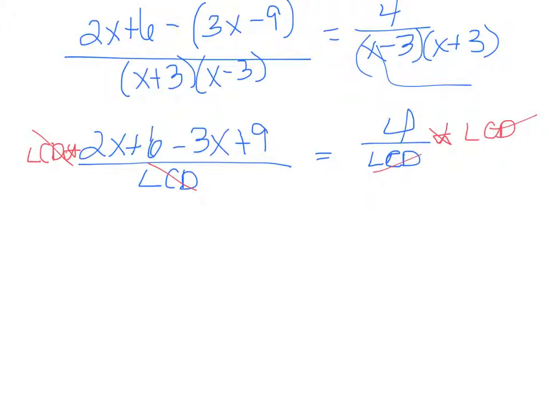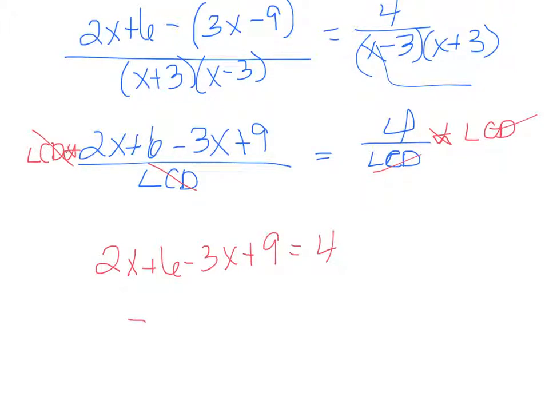So we would be left with, when does 2x plus 6 minus 3x plus 9 equal 4?